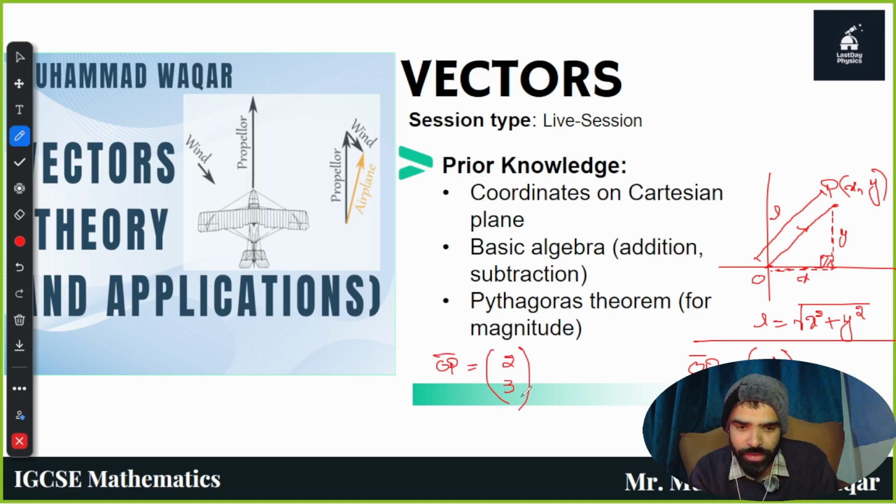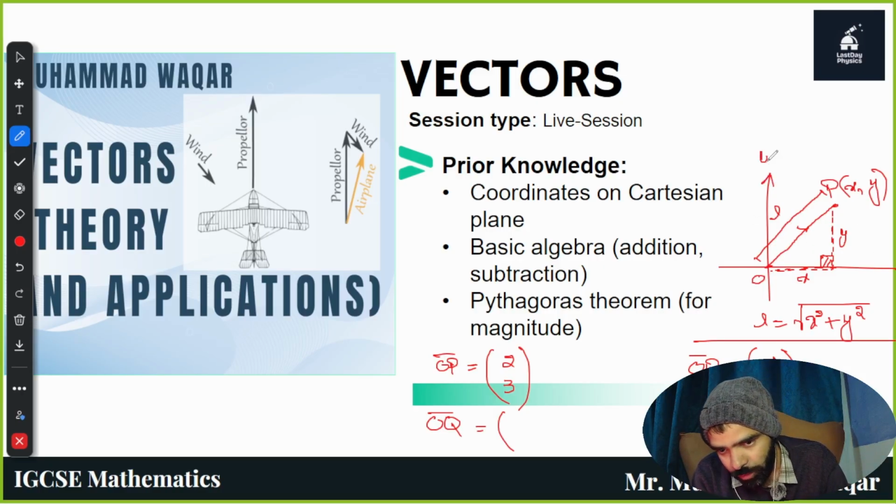So if we have another vector OQ vector, let's say it's some other position vector drawn on the Cartesian coordinate axis, these x y axis.